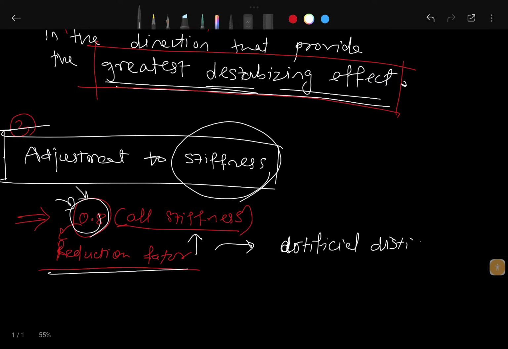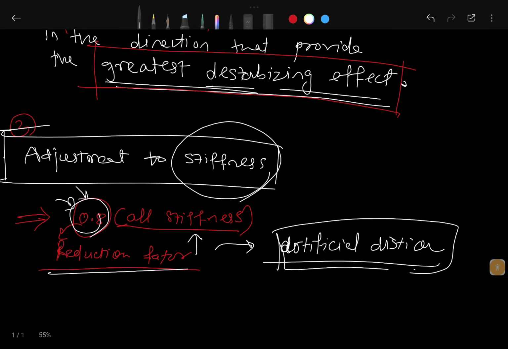So this consideration of the reduction factor is important, but when and to which members to apply it is very important.